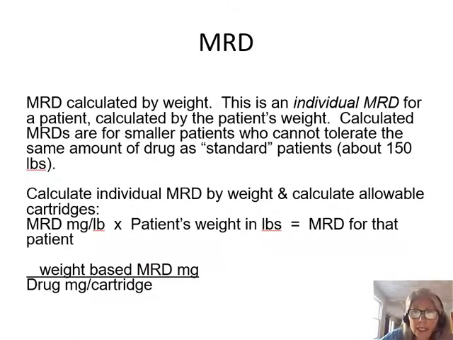So you'll calculate an individual's MRD by weight and then calculate the allowable cartridges. You will use the MRD milligrams per pound multiplied by the patient's weight in pounds, and that will give you the MRD for that patient. And we'll take a look at how we do that in the next few slides.